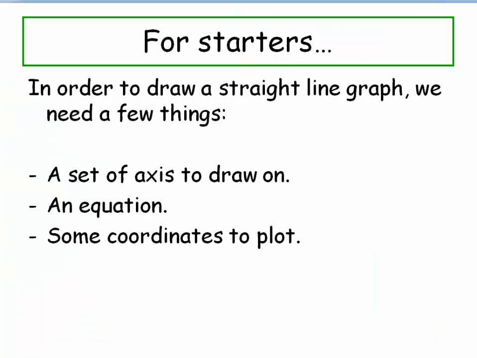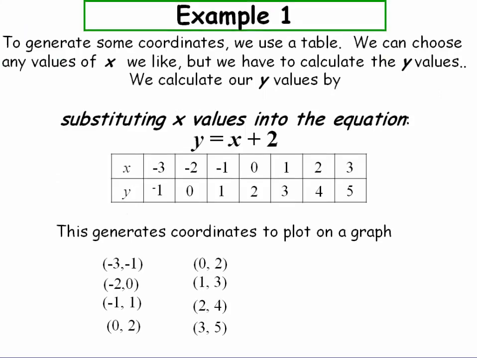In order to draw a straight line graph, we need a set of axes to draw on, an equation, and some coordinates. Usually we're given a table and an equation, y equals x plus 2 in this case. From the table, we put the x values into our equation and get our y value.